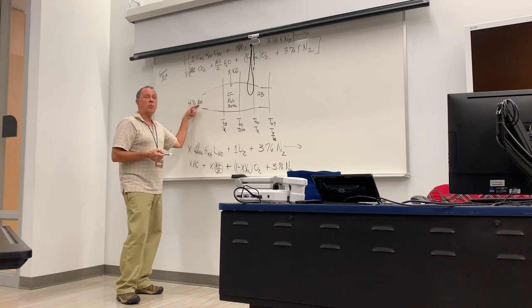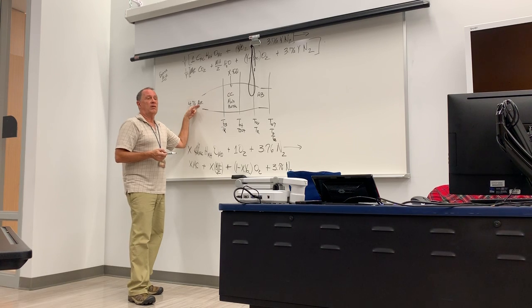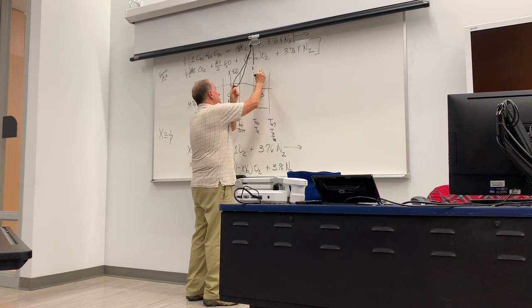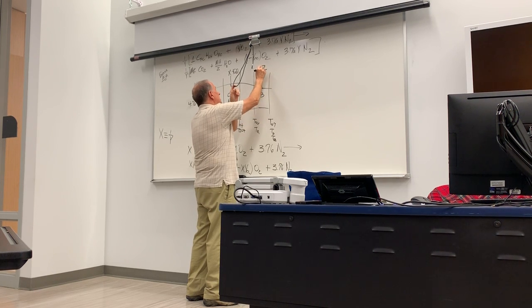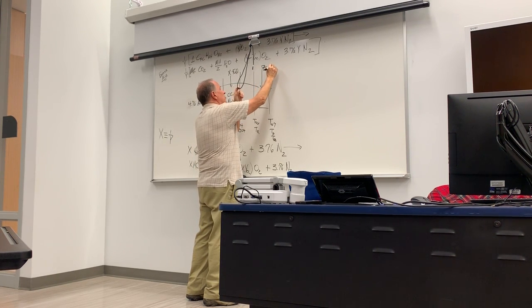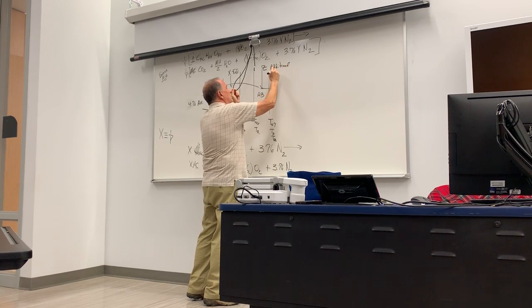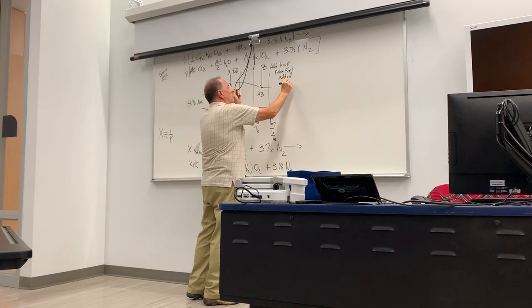So based on 4.76 moles of air coming in here initially, what is Z going to represent? Z is the additional moles of fuel added to the afterburner.